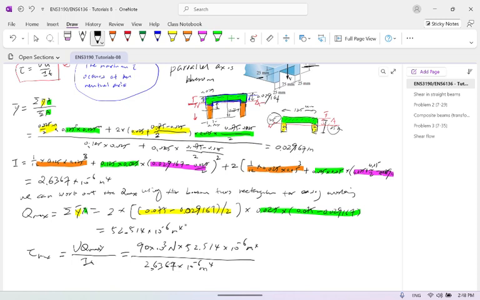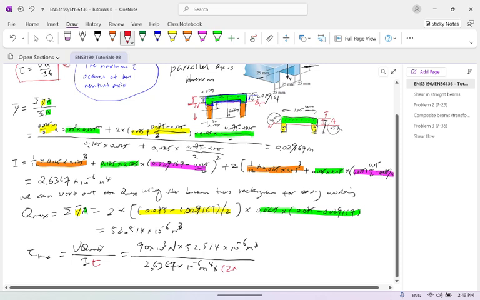Sorry, this is cubic. And times, remember the width is 2 times 0.025. Remember this t. I use color to show you, okay? That's it.